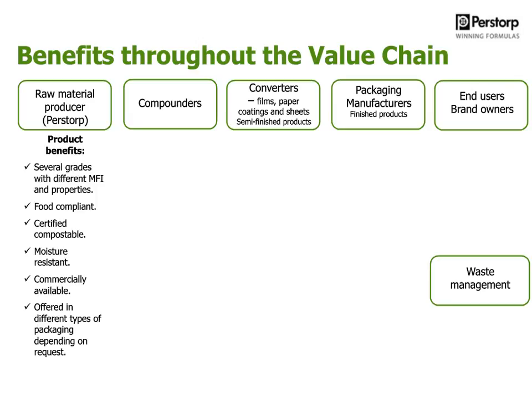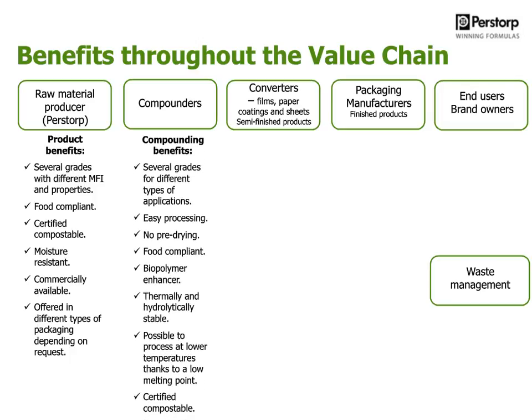If we then think of the compounders and what they need to have or how to facilitate for them, there are other requirements that are added on to the product as such. And that's, for example, that it needs to be easy to process, and it's a benefit that you don't need to pre-dry it.